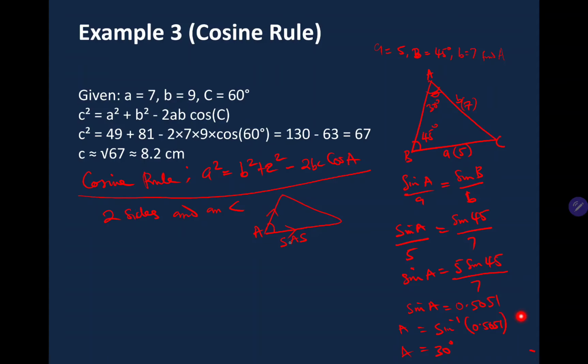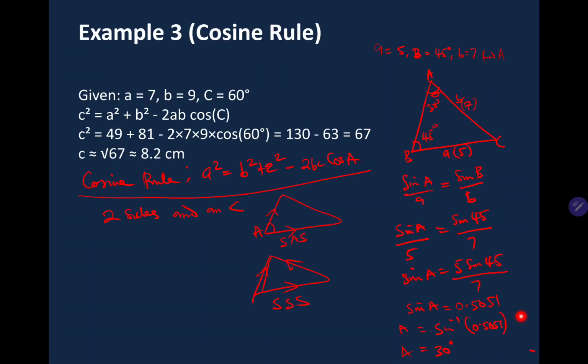If you have this information, then you can use the cosine rule. Alternatively, if you know the length of all three sides, you can also use the cosine rule.